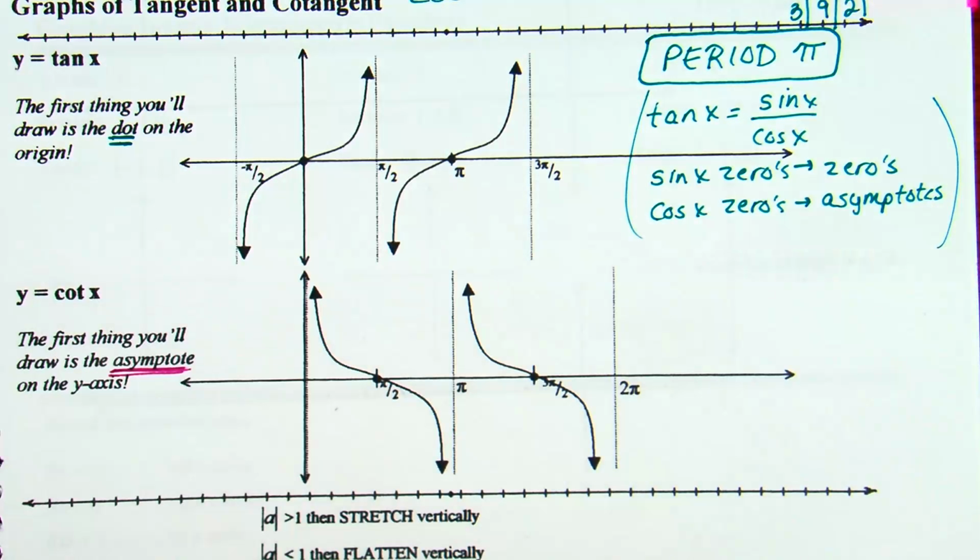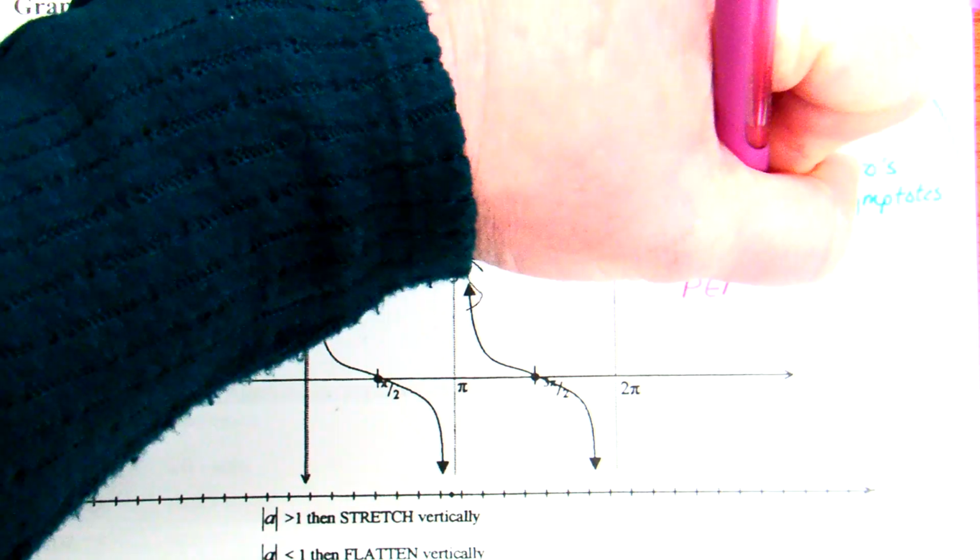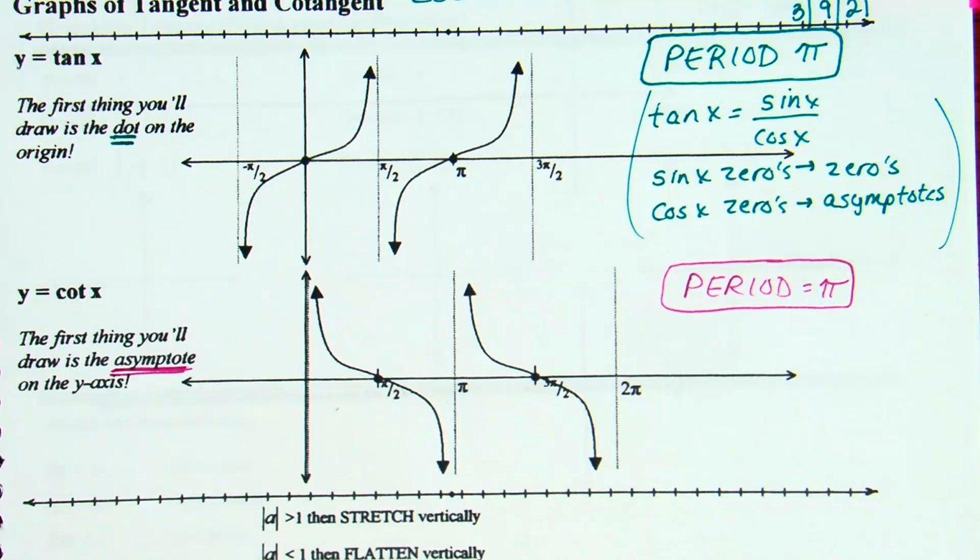My asymptotes are spaced a pi apart, and my zeros are spaced a pi apart. The period again is pi, which is a huge thing because everything else we've done has been 2 pi.